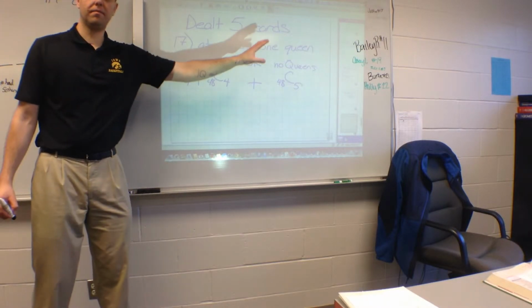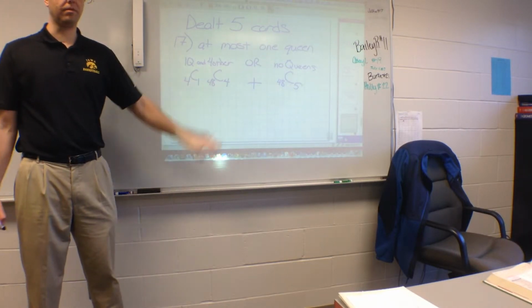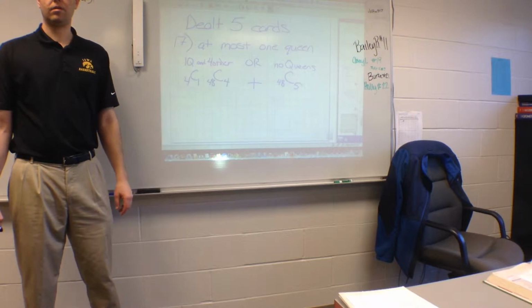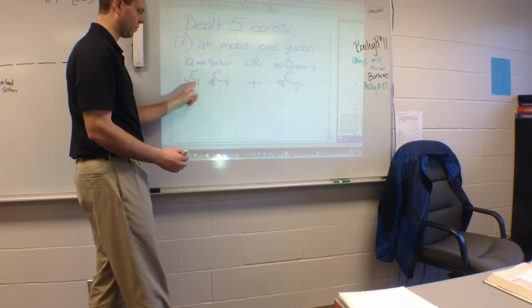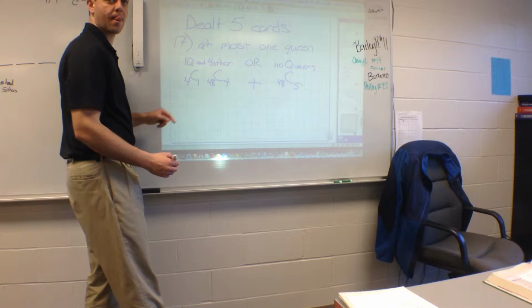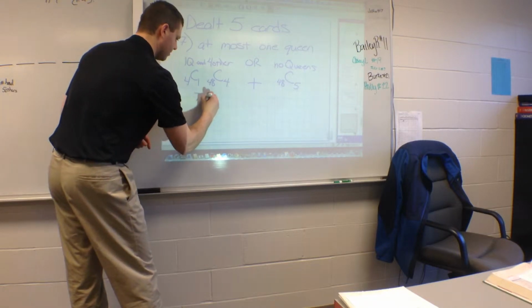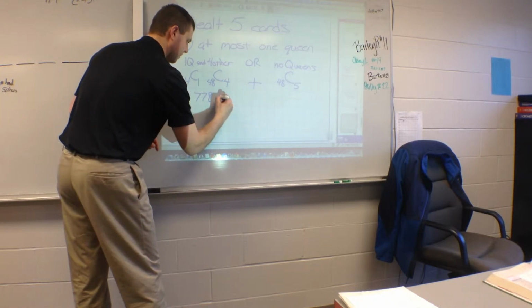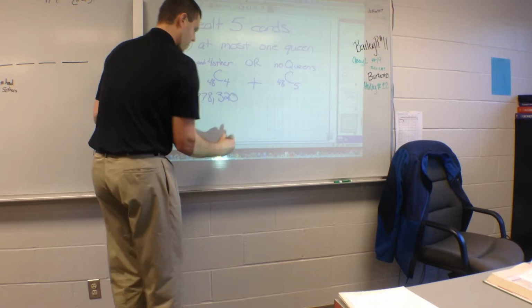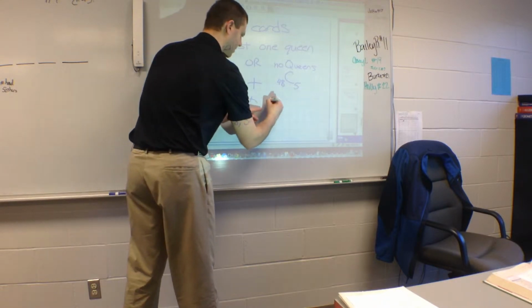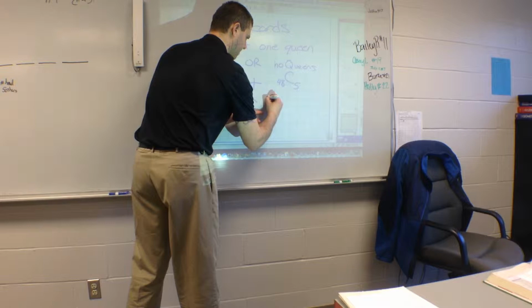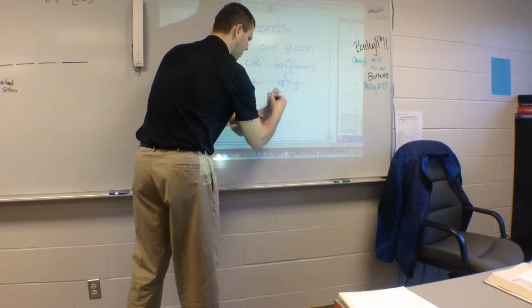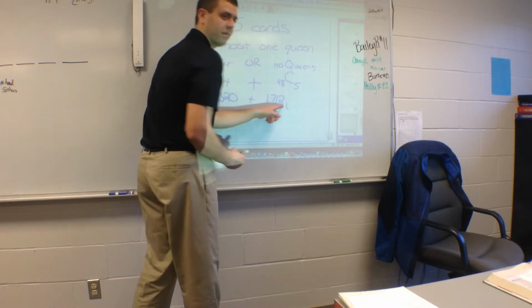After adding them together? Okay. Anybody have these separate? Oh, I have them separate. What do you got separately? What's for this first one? 778,320. 778,320? Yeah. And the next one? 1,712,304.